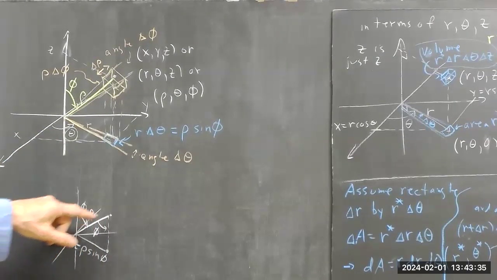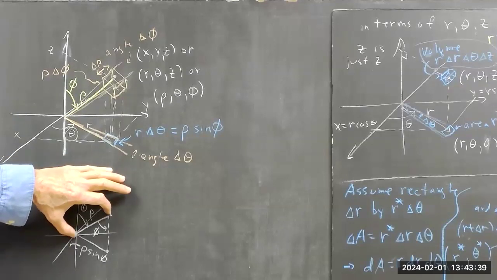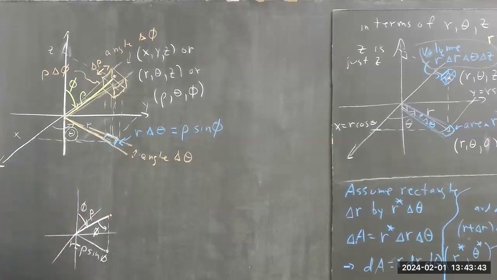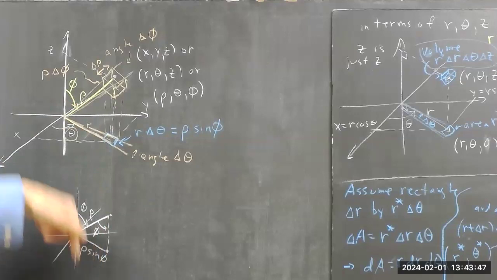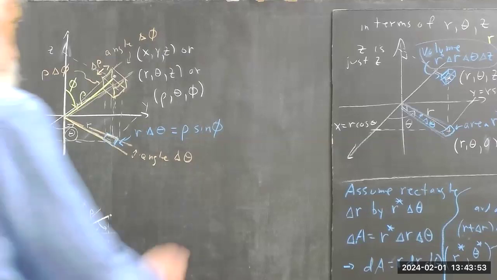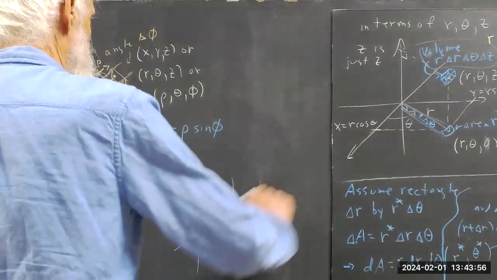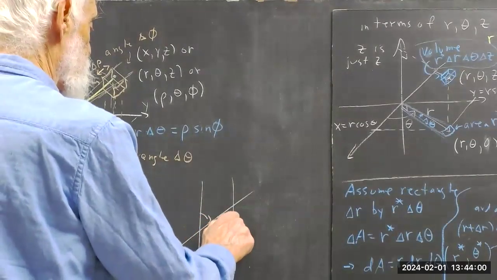So the line with length rho, the line from the origin out to your point, makes the same angle with the projection line as it does with the parallel z-axis. This angle is the same as this angle.